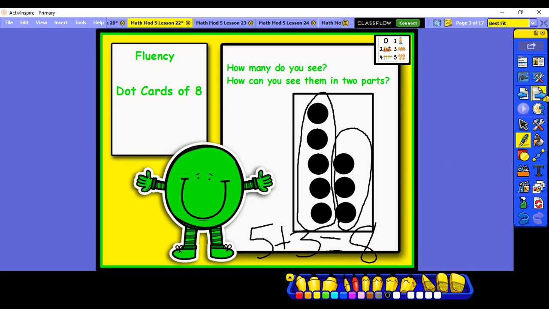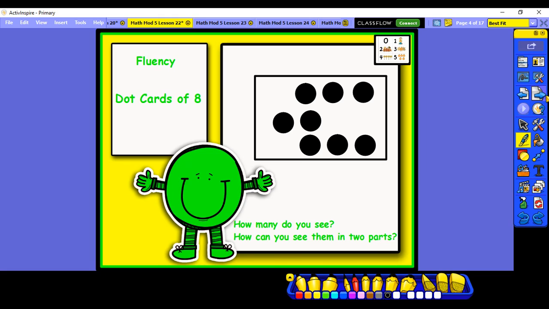Good job. Let's look at our next dot card. How many do you see? 8. How do you see the two parts? You could see these parts in many different ways.